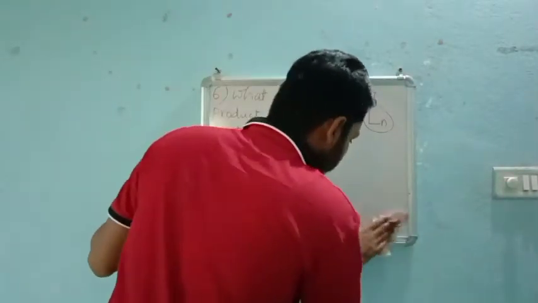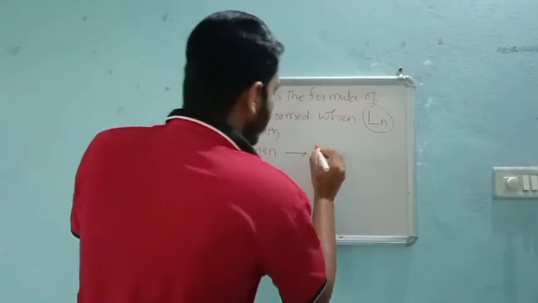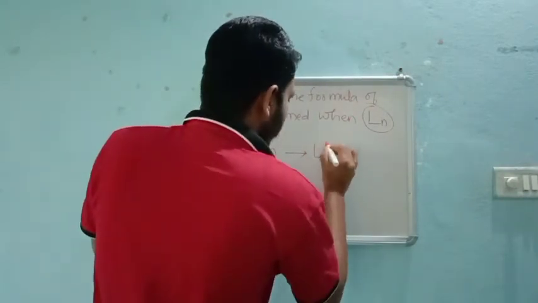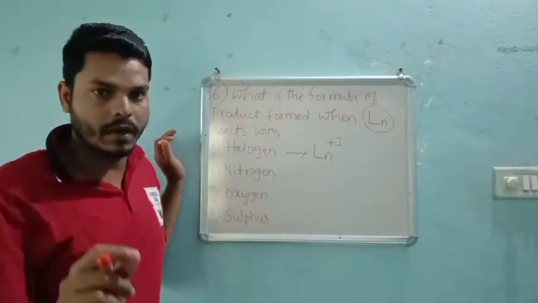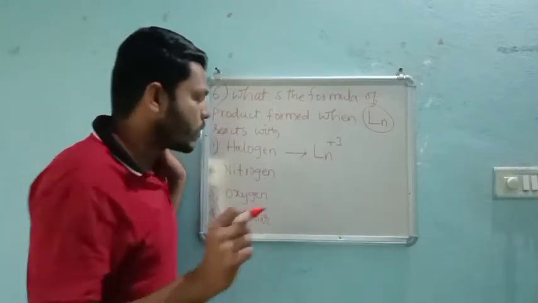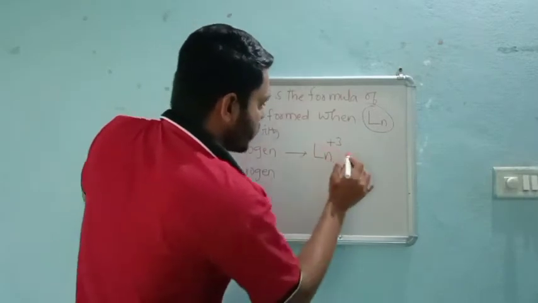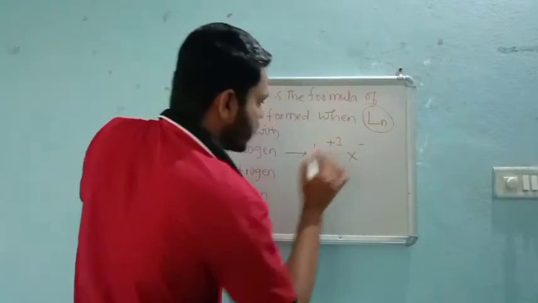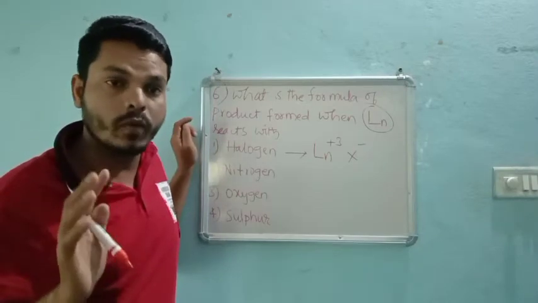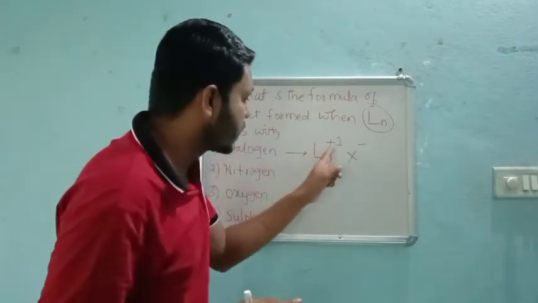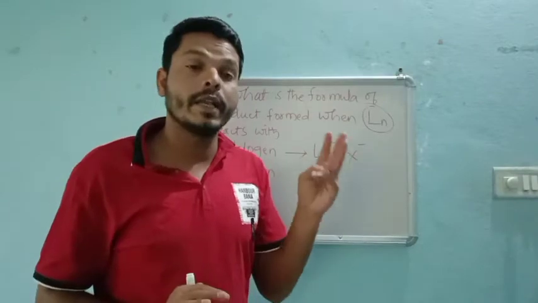So see here, lanthanoid shows +3, I mean the common oxidation state. If it reacts with a halogen, X, the halogen has only one negative charge, but the lanthanoid requires 3.